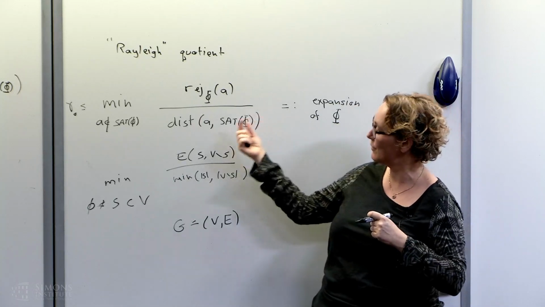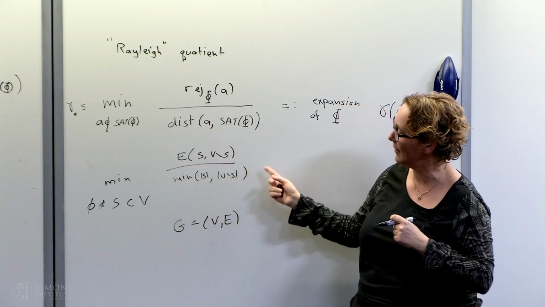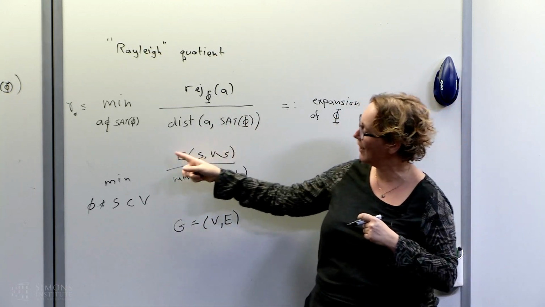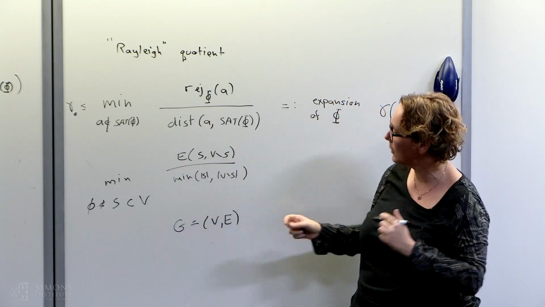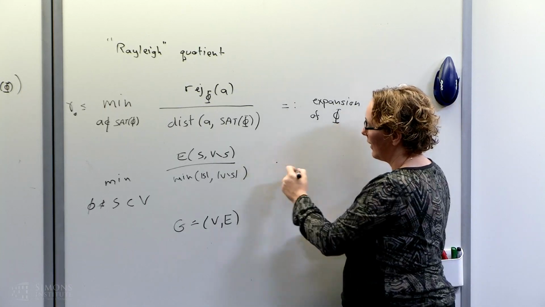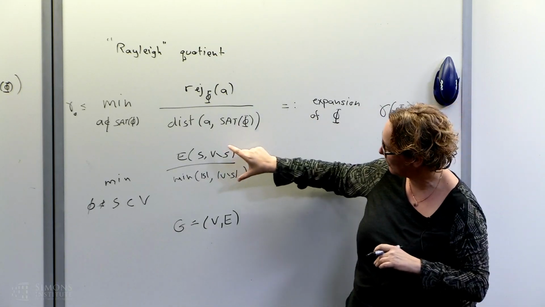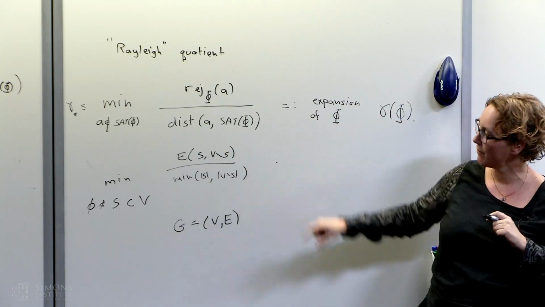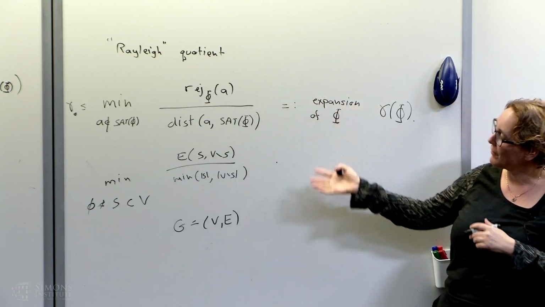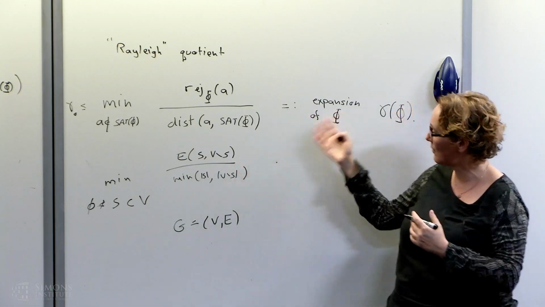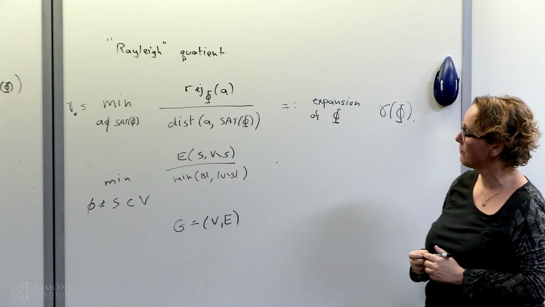And then the distance of some non-constant function to the set of constant functions just becomes this denominator, and the number of unsatisfied equality constraints are exactly the edges crossing from 0 to 1. It's exactly the numerator. I need to maybe divide by V over E. So it's a normalization. It's not important. You exactly recover this definition of edge expansion. So in other words, we have here some definition of constraint expansion, and it's just a generalization of edge expansion, which is very nice.